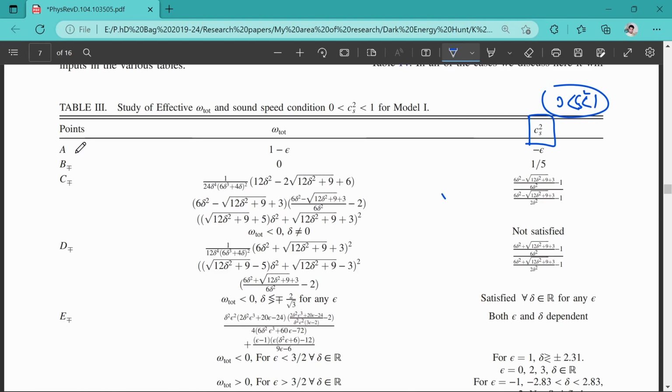So for a point, omega total is 1 minus epsilon. If epsilon is 0, this omega total will give you 1. Whenever the total equation of state is 1, it means that your universe is decelerating. Whenever omega is negative and less than -1/3, then you can say that our universe is accelerating.